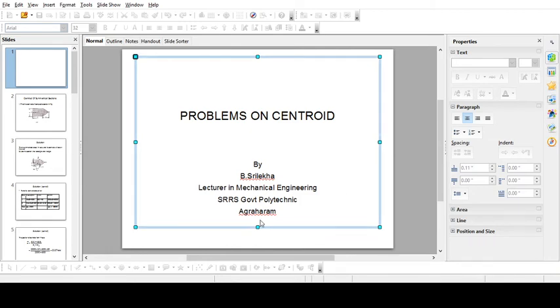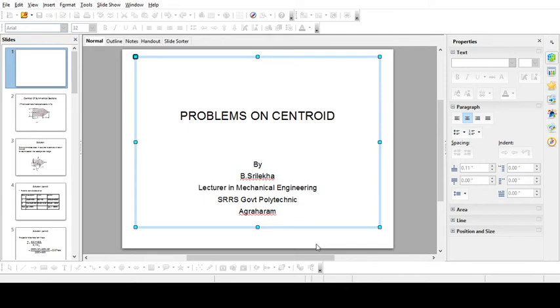Now let us take the summation, sum of these areas. Nothing but, so it is 1920, 960 plus 960 give you 1920. And sum of the moment of areas about y-axis is 44,160. Okay.